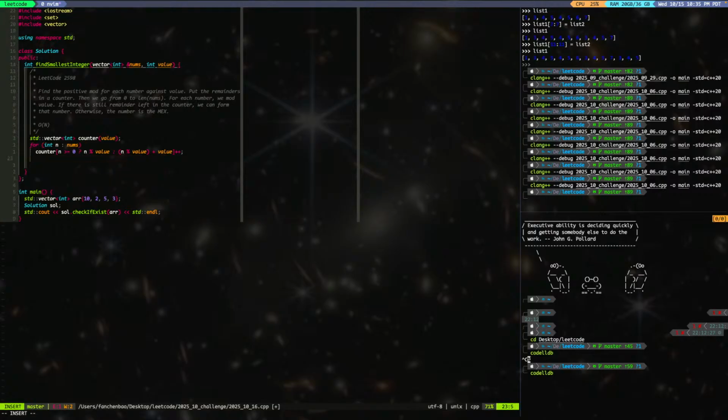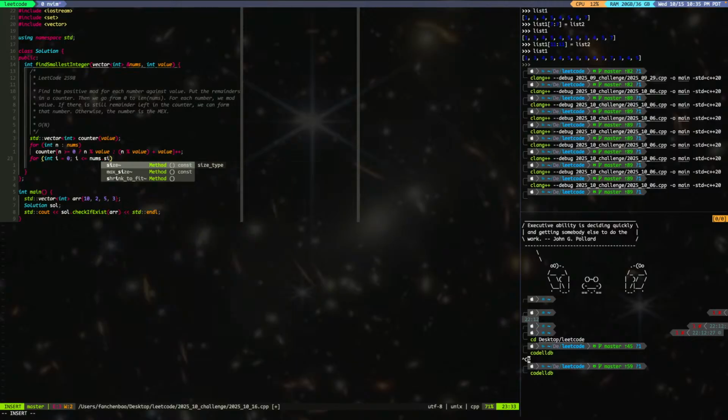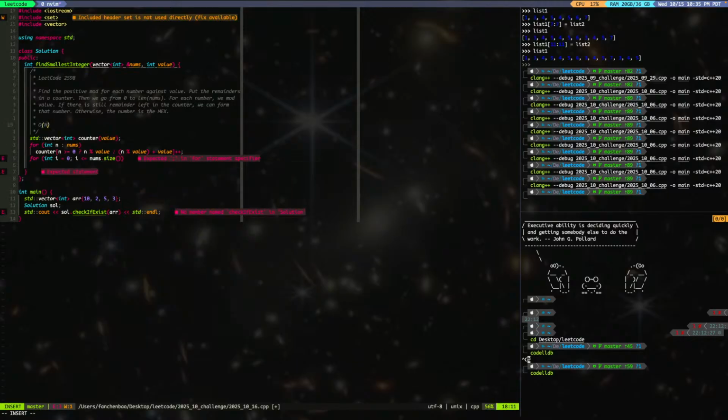Okay. Then for int i equals 0, i smaller than nums dot size. Actually, n.